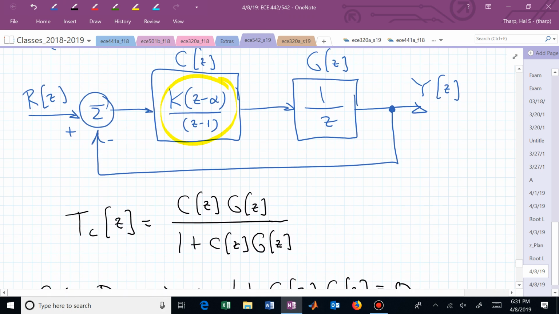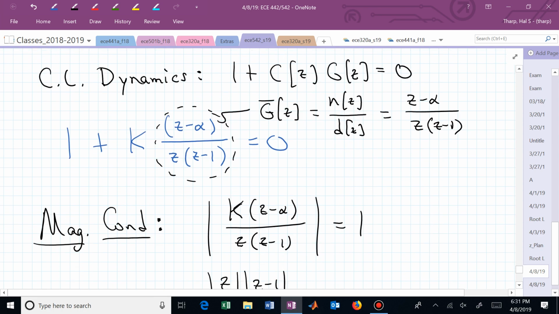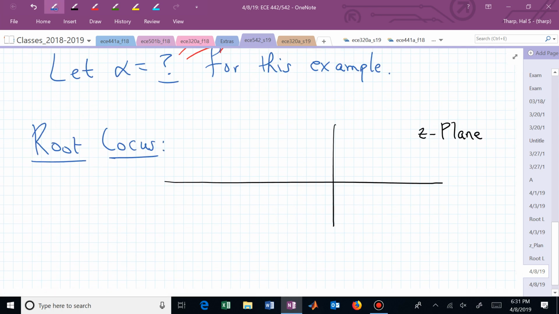What can we sketch in our z-plane automatically from this information? If somebody says, sketch me the root locus of this system, what do you know you can put down immediately? You can put down two poles, right? One is at the origin and one is at z equal to 1. So let's put those down. We now have a pole at the origin and a pole at 1.